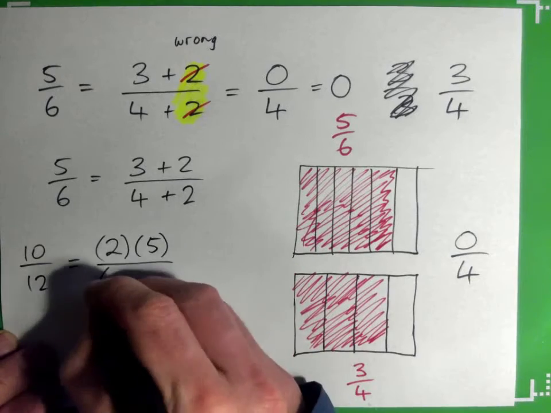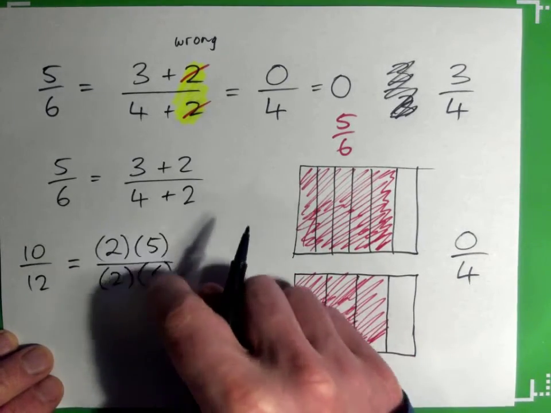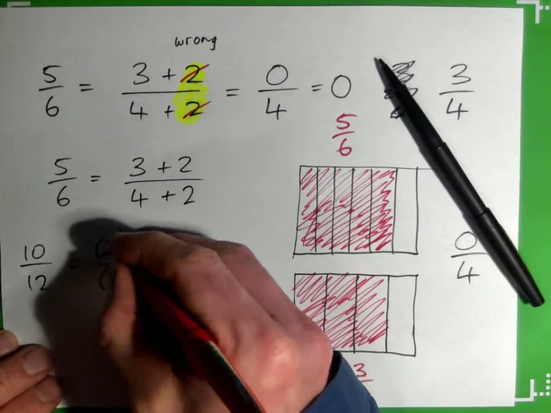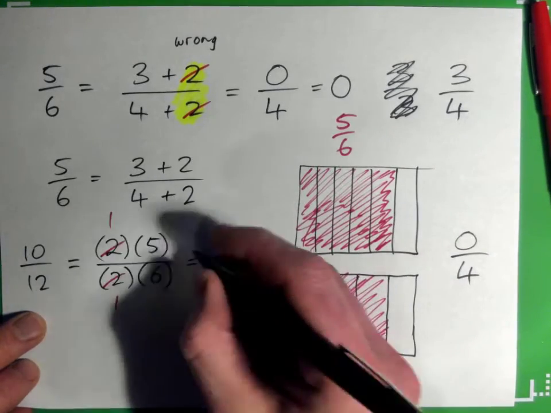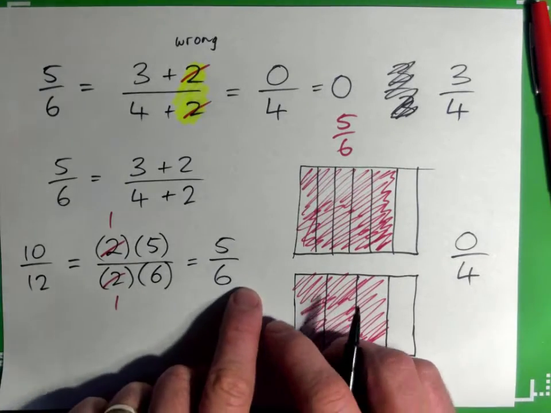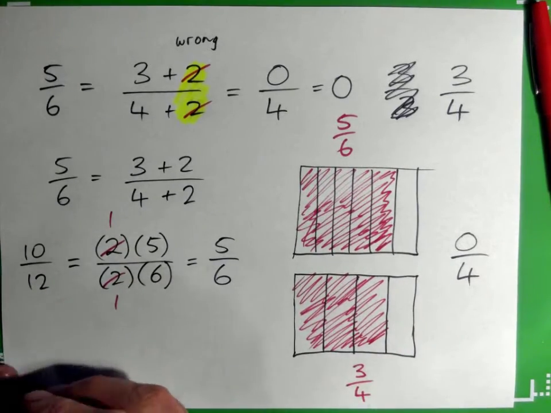And 12 is 2 times what? 6. I have factors on the top and bottom here. I can cross cancel the factors. 2 into 2 goes once, 2 into 2 goes once. 10/12ths becomes 1 times 5, 5, over 1 times 6, 6. 10/12ths is the same thing as 5/6, right? For example.